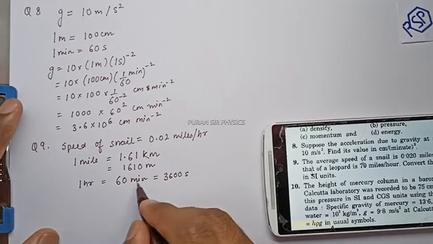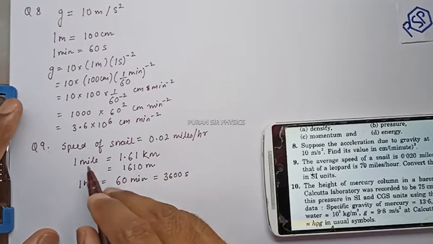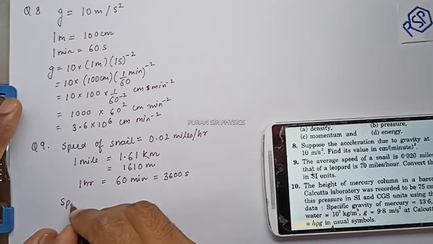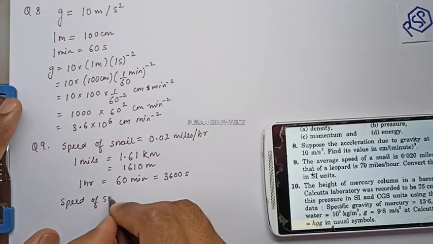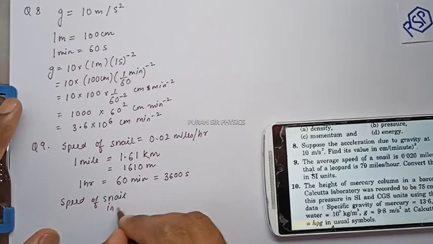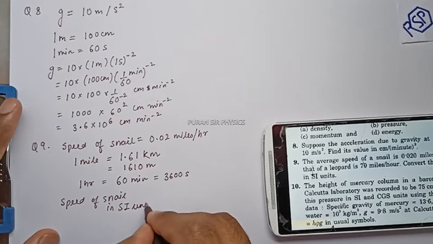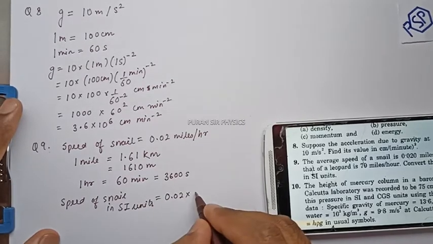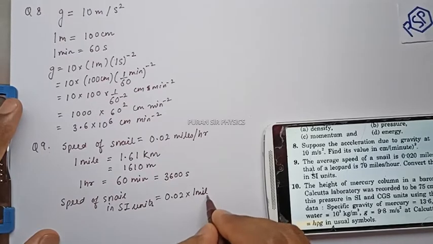So now we can substitute the value of 1 mile here. Then speed of snail in SI units will be 0.02 into 1 mile divided by 1 hour.